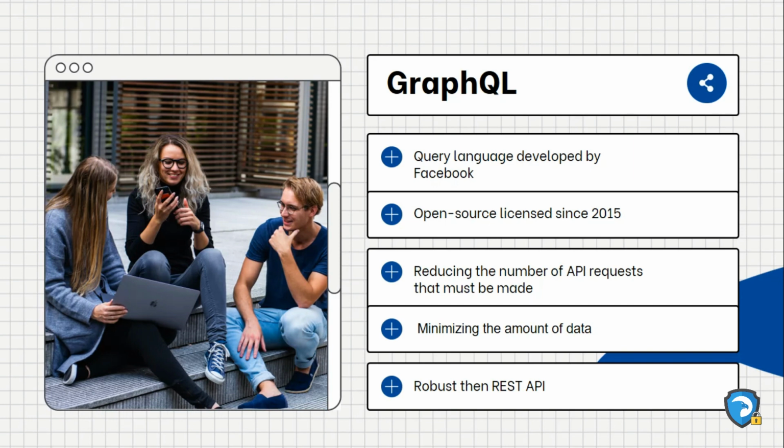About GraphQL, I have already created a separate video where I explained what GraphQL is, how it works, and what the difference is between GraphQL and REST API. I even performed the attack in that video, so you can check it out there. I will provide the link in the description box.